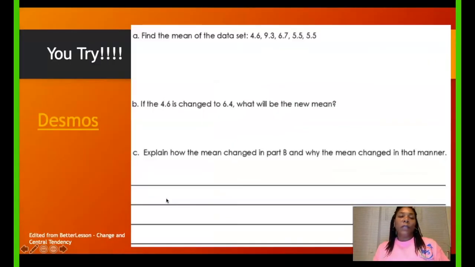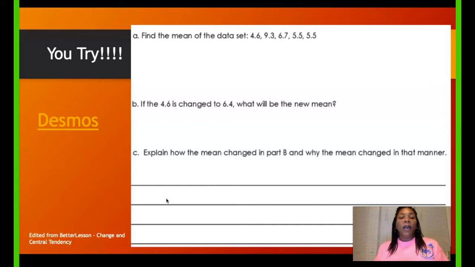For this particular problem, I want you to try it on your own. Again, pull up your Desmos, and remember, you can clear it out by hitting clear all, or you can just hit enter and keep the data going. The first one says, find the mean of the data set. And you have your data set above.